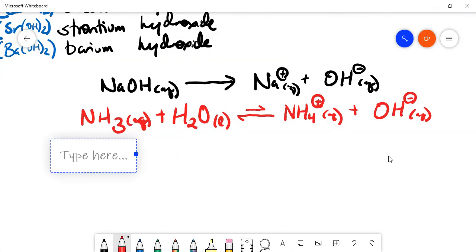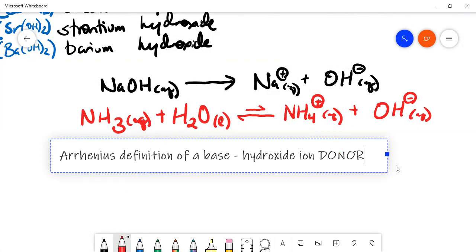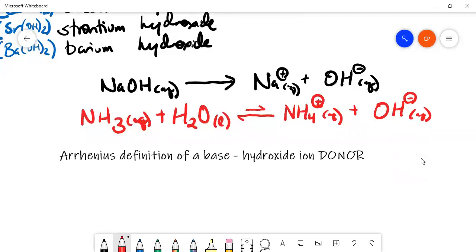The definition based on what you commonly know is owed to Svante Arrhenius. The Arrhenius definition of a base is a hydroxide ion donor.